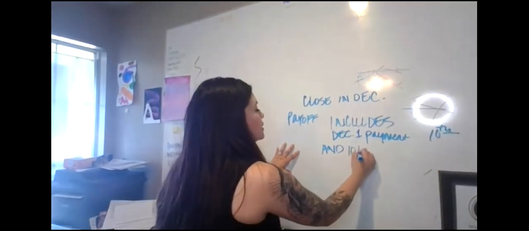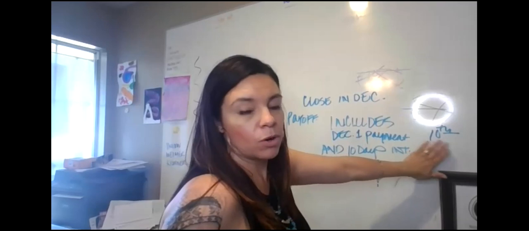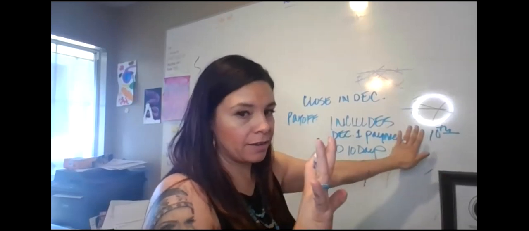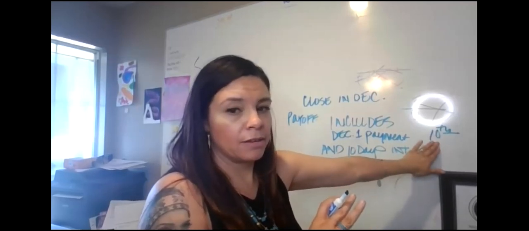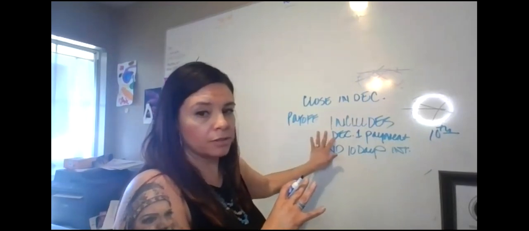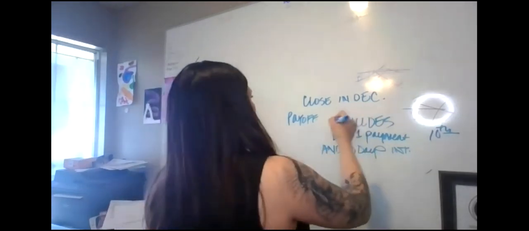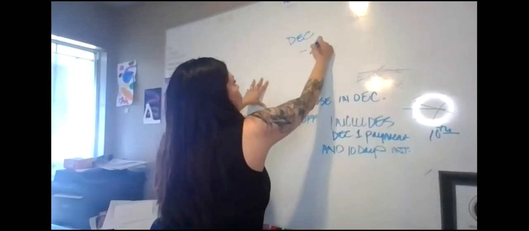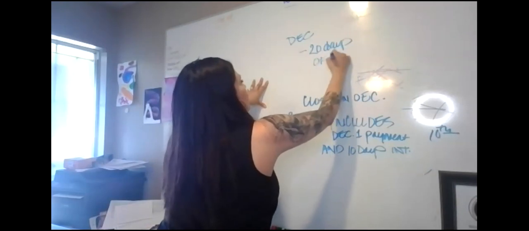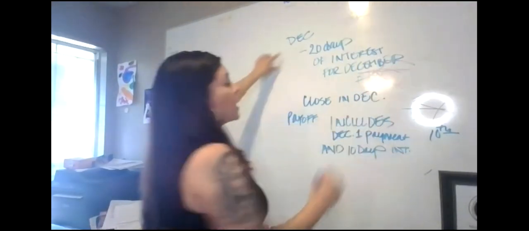And it includes 10 days of interest because we're funding on the 10th. So if we fund on the 10th, the payoff includes the December 1st payment and 10 days of interest. When we're doing the new loan that closes in December, because we're funding on the 10th, our new loan includes 20 days of interest for December. That is charged on the new loan.